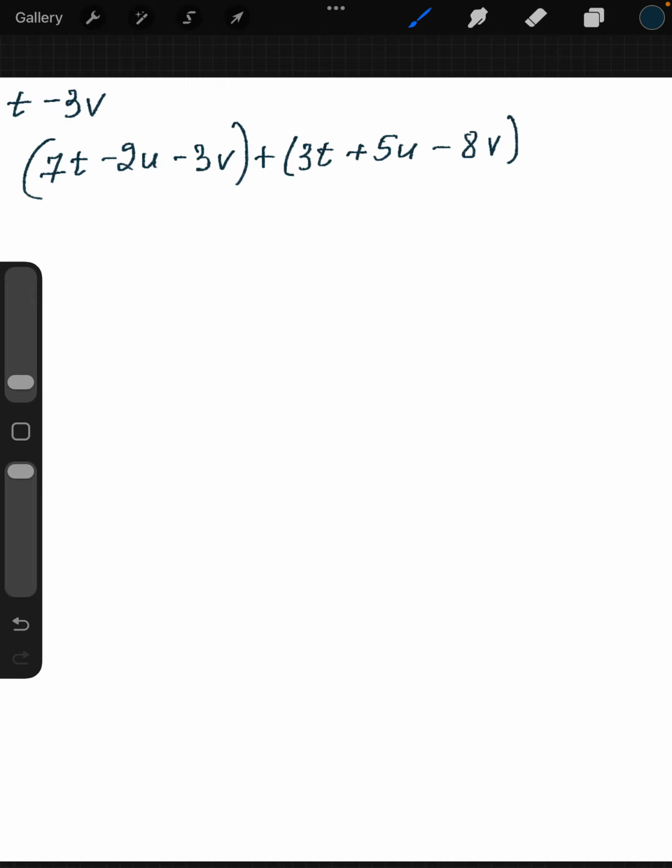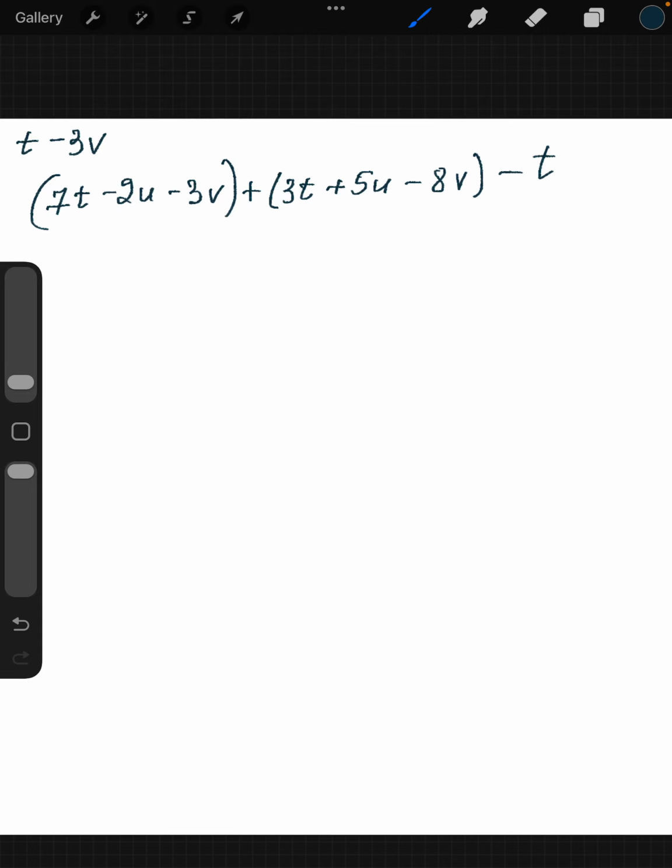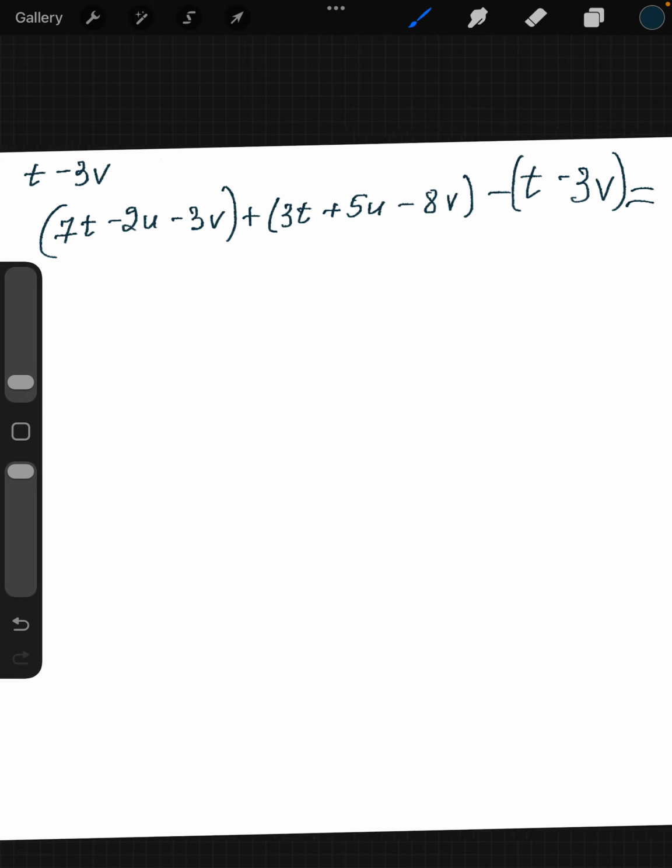Okay, and so now let's subtract t minus 3v from these expressions here. All right, so we're simply opening the parentheses now.